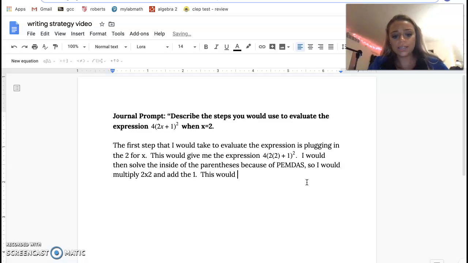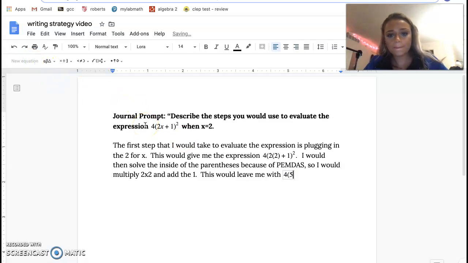This would leave me with, okay, so I know that would be 5, so I have to do a new equation, 4 times 5 squared. Okay, so I've evaluated it so far.